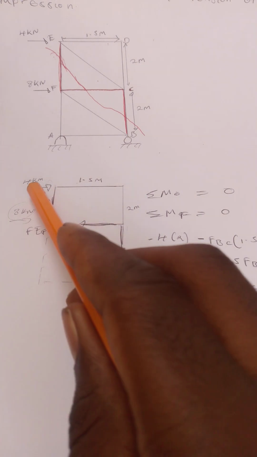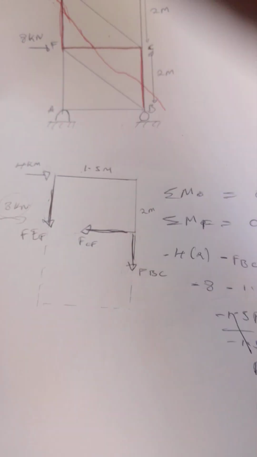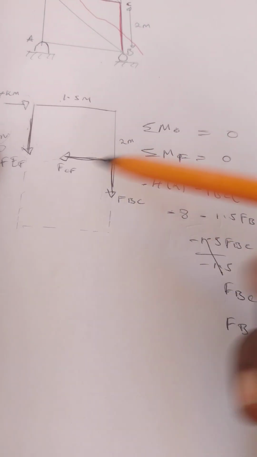So summation of the forces in the x: we have this, which is 4. It's pointing in the positive x-axis, so it's positive 4. Then minus this force, which is pointing in the negative x-axis, which is minus FCF, then equals 0.